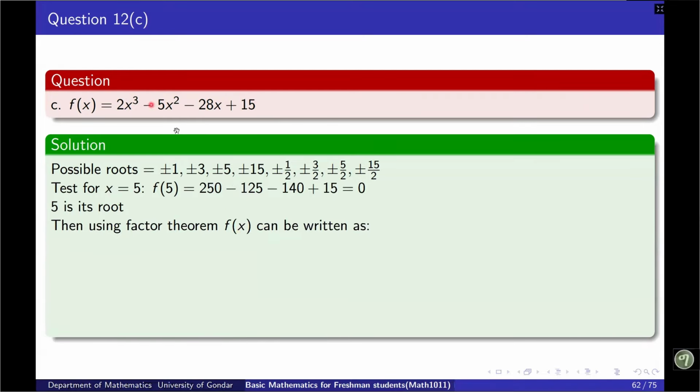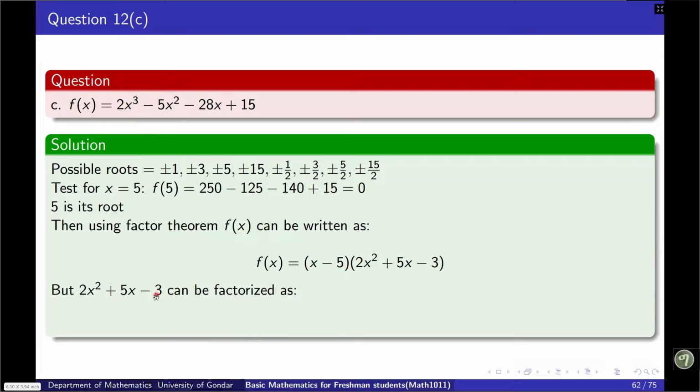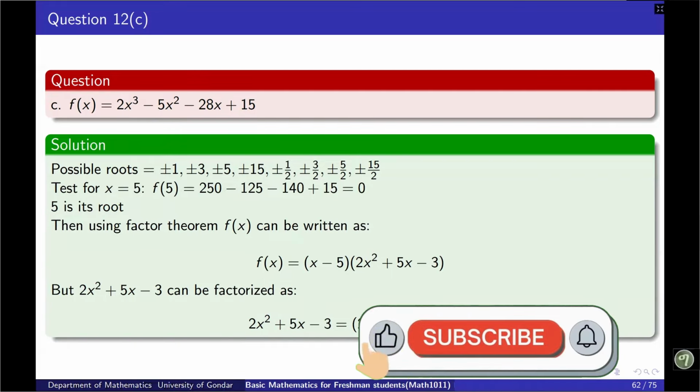If we divide this by x minus 5, f of x can be written in this pattern, that is, with the quotient obtained by dividing this cubic polynomial function by the linear factor x minus 5. But 2x squared plus 5x minus 3 can also be factorized as 2x minus 1 times x plus 3.